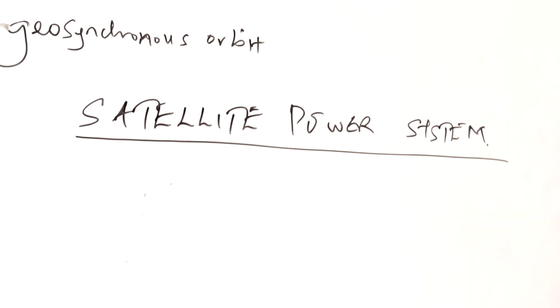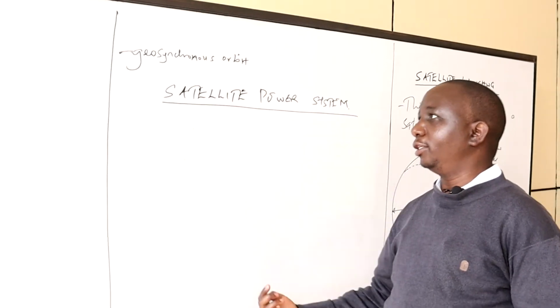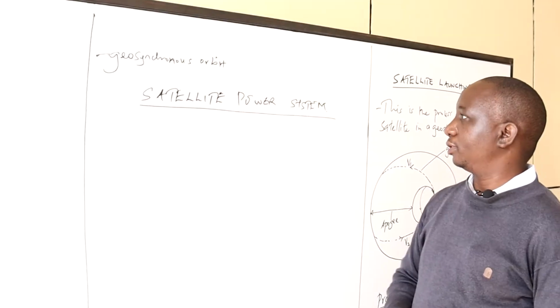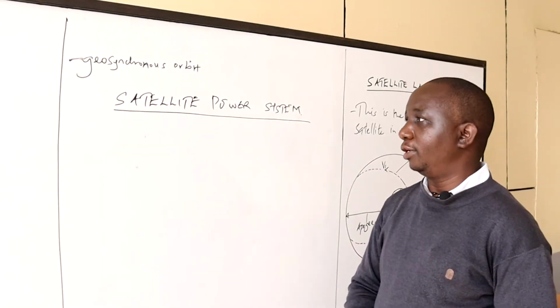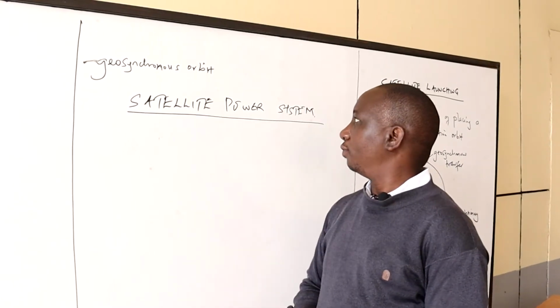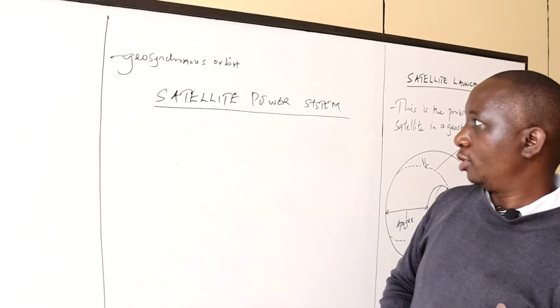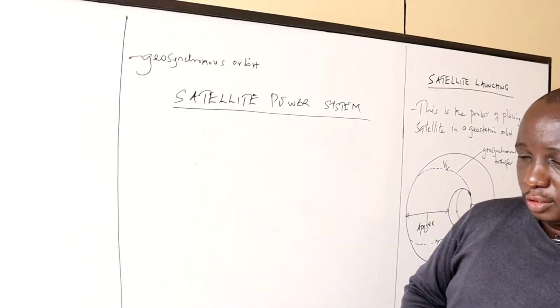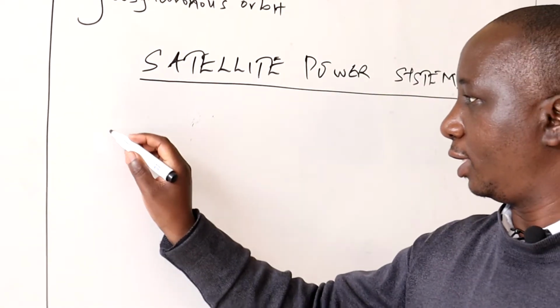All satellites require to be powered, and because we cannot have power lines mounted in space, we're going to use mostly solar energy captured with solar cells. We're going to do this with the aid of a block diagram so that we can figure out exactly what happens. So you draw the block diagram first.